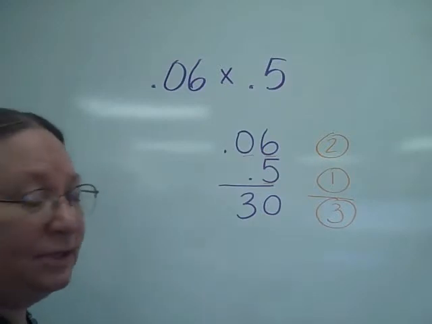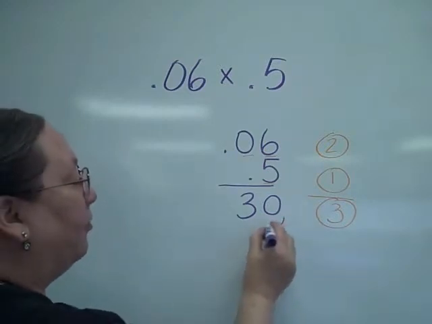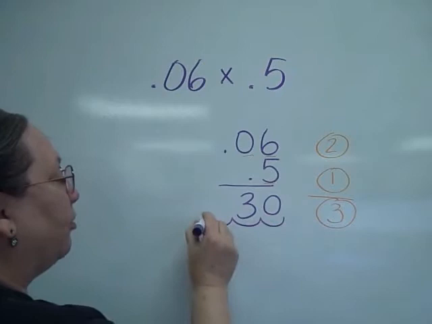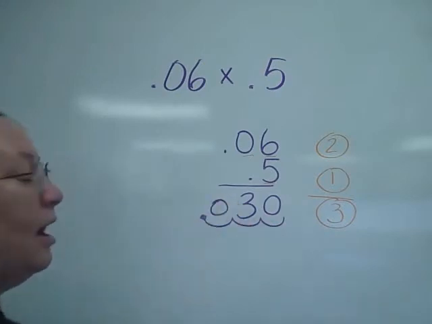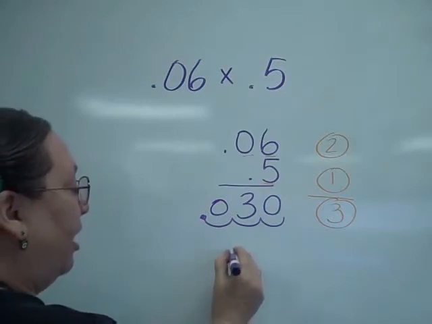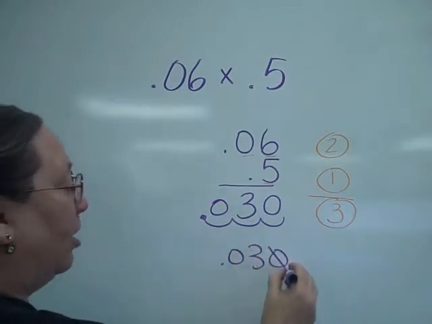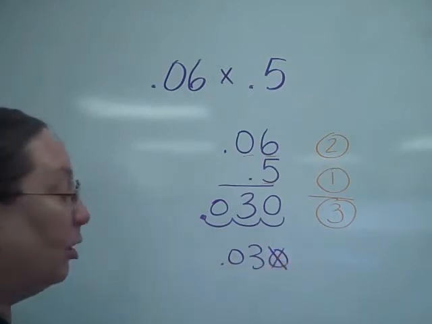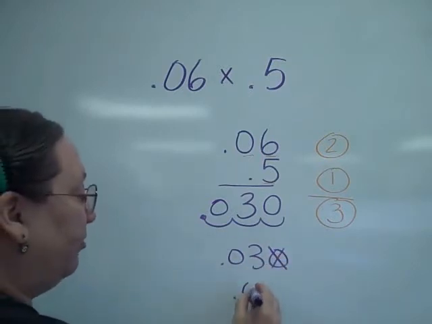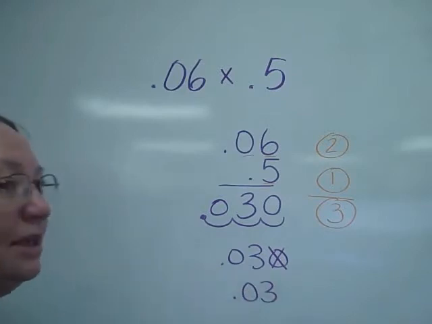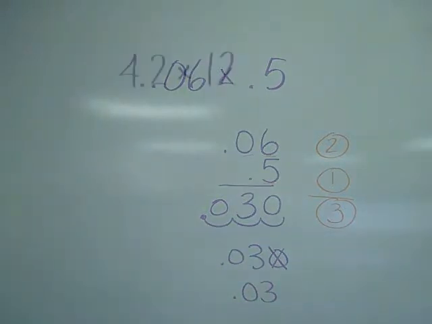That means in my answer, I'm going to have 1, 2, 3 numbers behind the decimal also. Noticing here, I have 30 thousandths, and I can always take off the 0 on the end, which would leave me 3/100 for my answer.